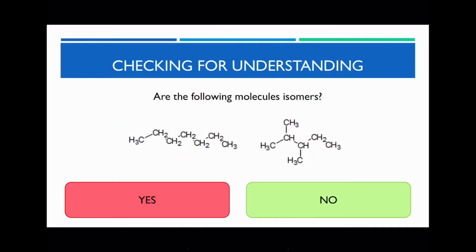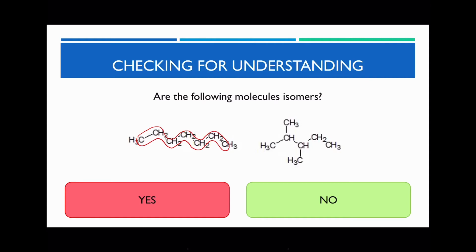For the very first one, are the following molecules considered to be isomers or not? I'm hoping for this question you've answered yes, because they both have the exact same chemical formula. However, they have different chemical structures. Although it appears zigzag, we refer to this one as a straight chain or linear one.